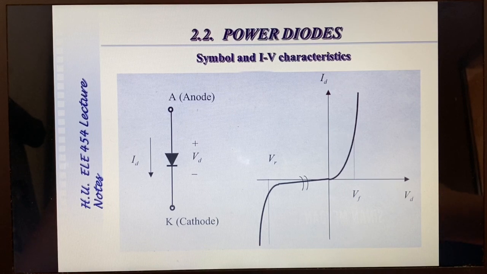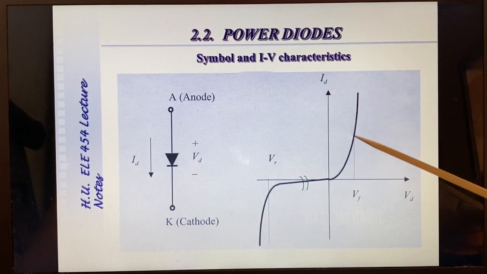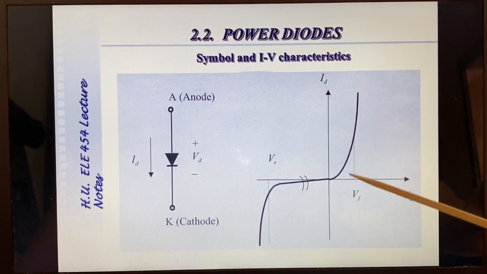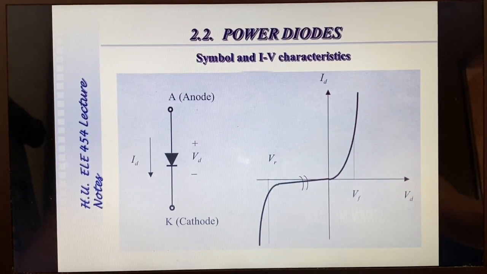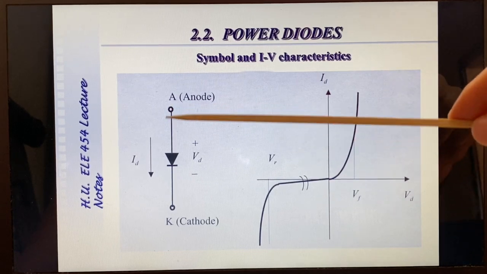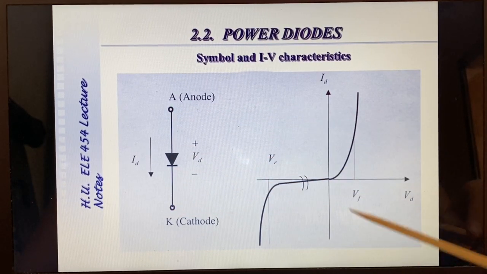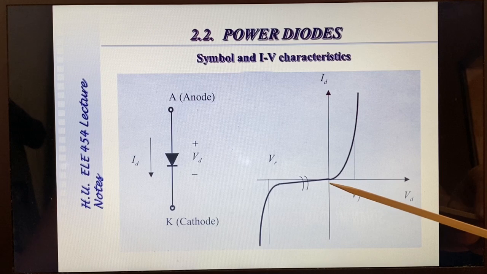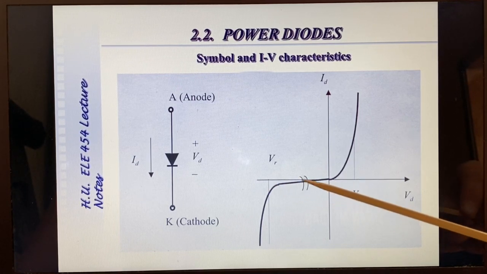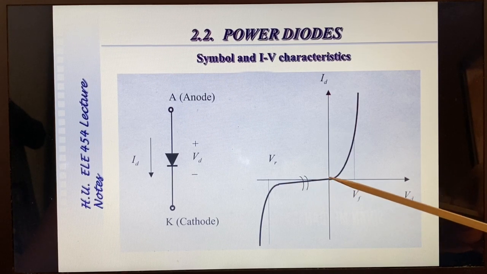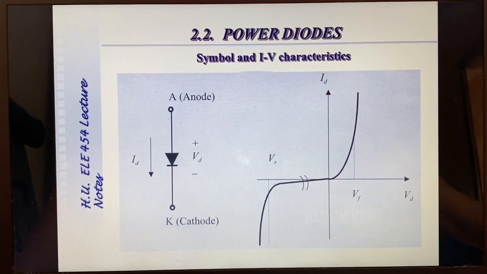Now in practice, the symbol and the IV characteristics are shown here. In practice, we have a certain forward voltage drop during conduction, which increases exponentially with the diode current, the anode current flowing through the diode. In the reverse bias state, the diode is in off state, but a very small leakage current in the order of microamps will flow through practical diodes.